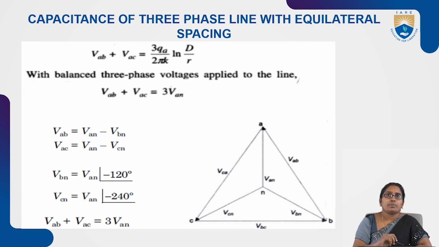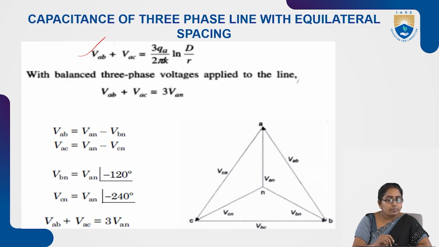After simplifying, what we get is 3QA by 2 pi epsilon naught log of D by R. This is the final expression of the sum of VAB and VAC.